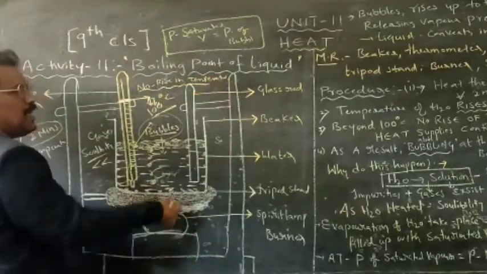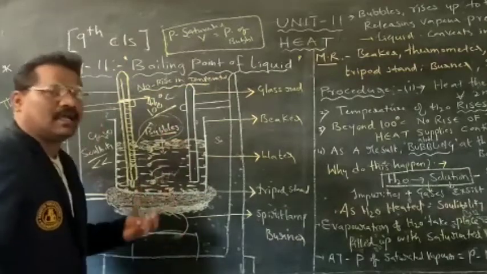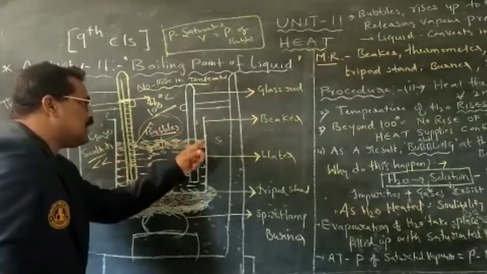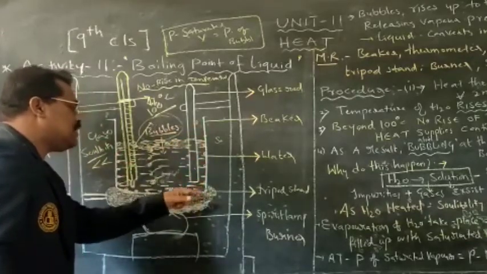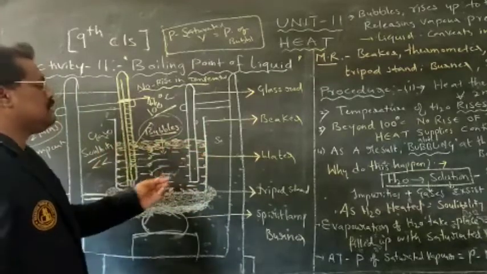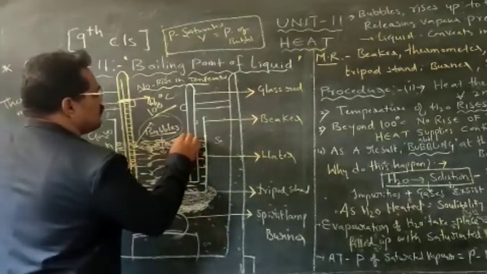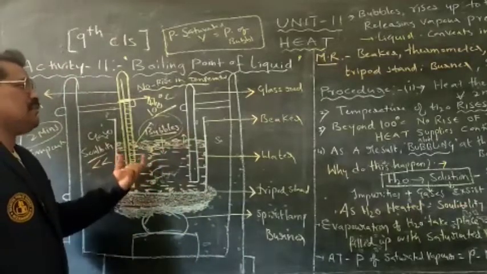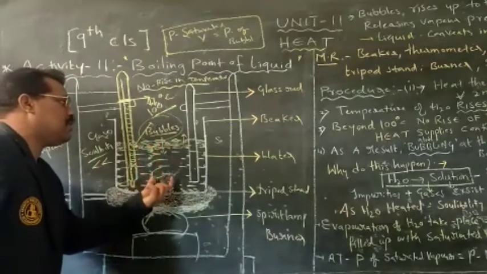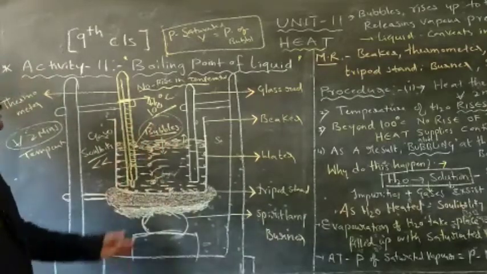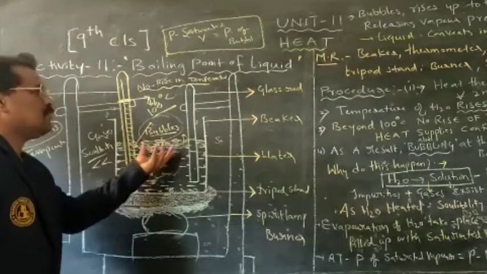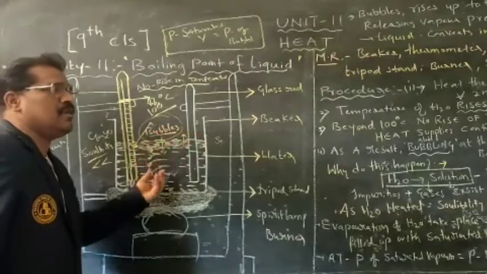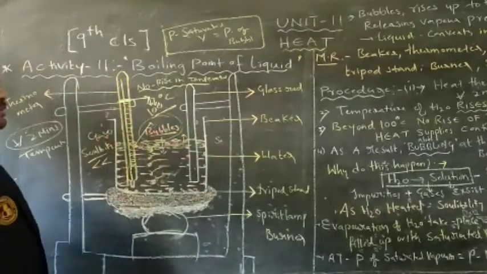As a result, bubbles form within the water at the bottom and edges, and slowly gather at the surface of the water. That means boiling of the water takes place. As the water boils continuously, bubbles gather at the surface of the liquid, and the boiling point of water can be obtained.